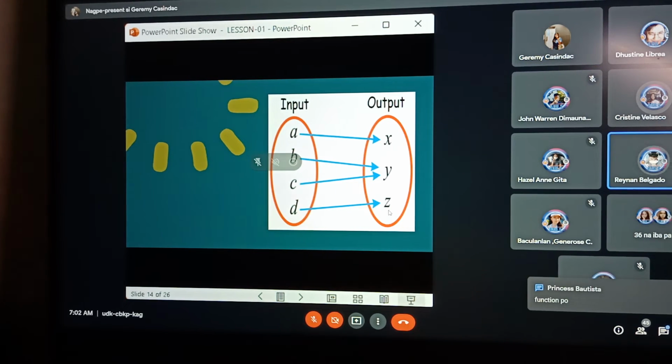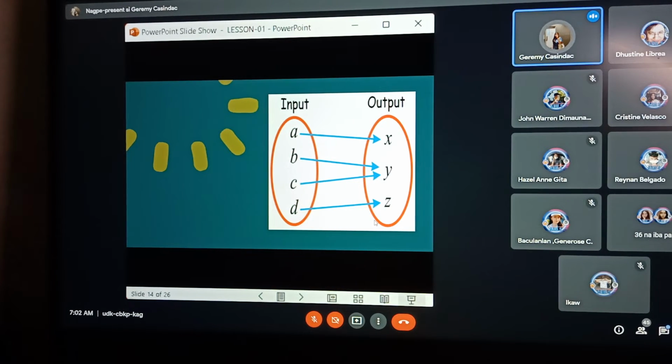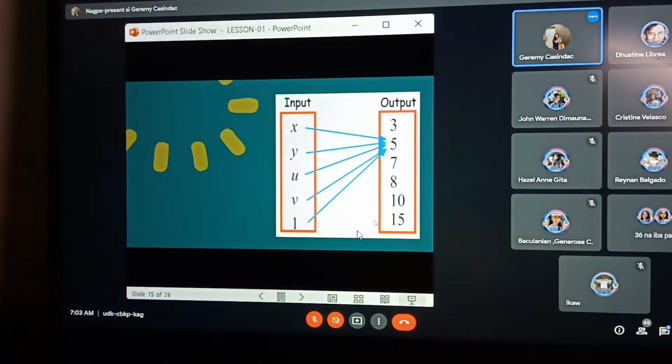Function po, ma'am. Okay, that's correct. May nag-chat pala si Bautista rin sa chat box. So that's correct, Delgado. This is a function. As you can see, walang umulit na domain dito sa ating input. So therefore, this is a function. Next.